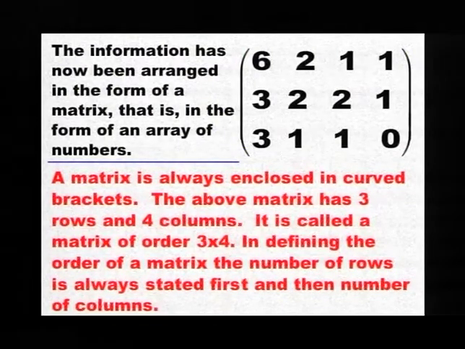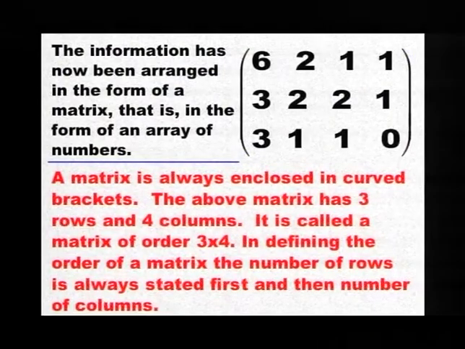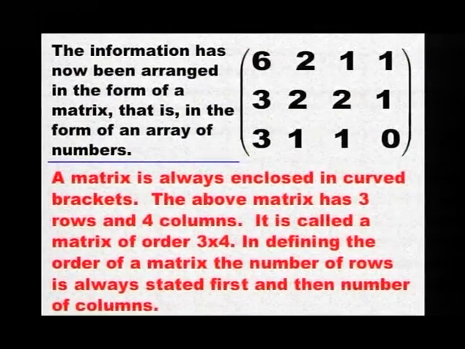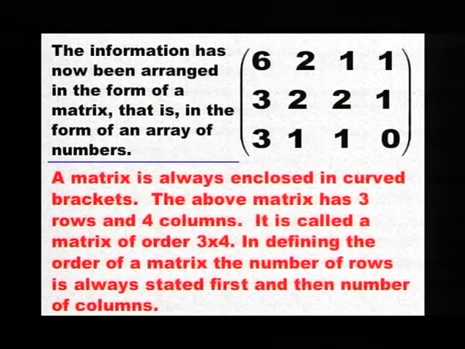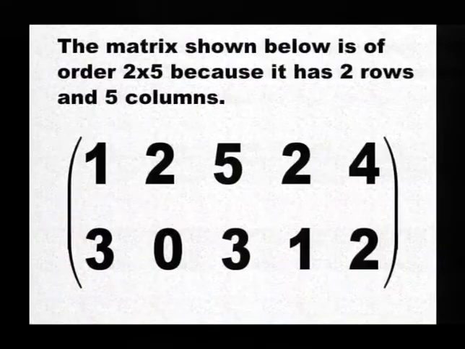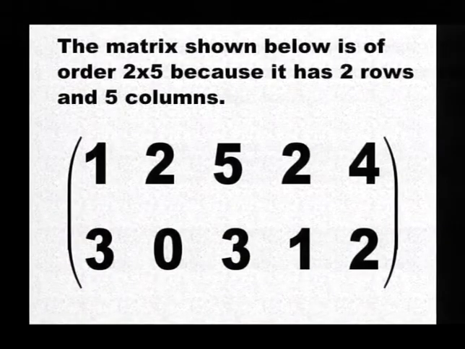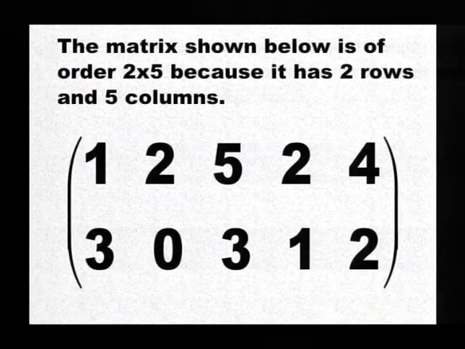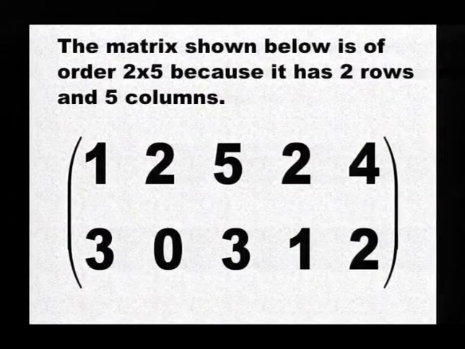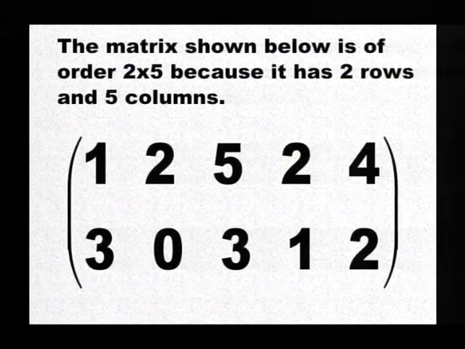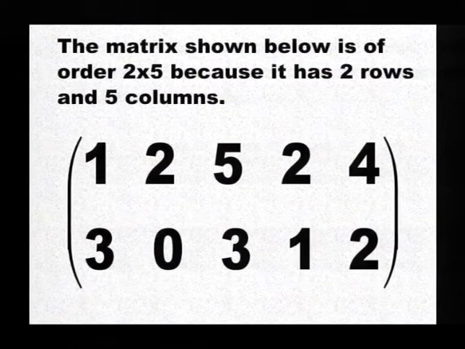Okay, in defining the order of a matrix, the number of rows is always stated first, and then the number of columns. The matrix shown below is of order 2 by 5 because it has 2 rows and 5 columns.